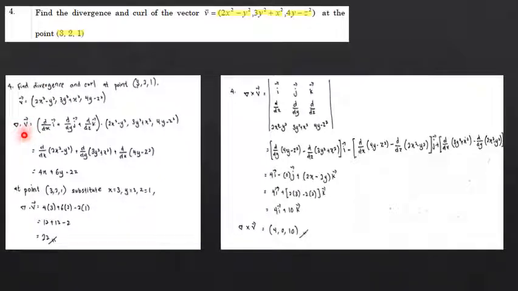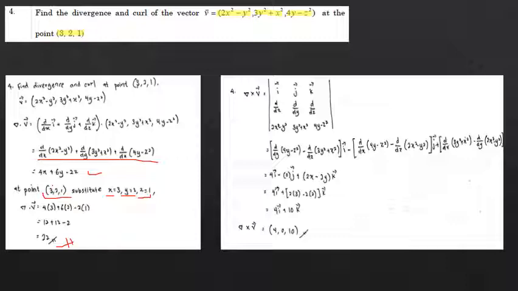This operator multiplied with the vector given, as a dot product, will produce a scalar. After doing this derivative, I get the equation 4x plus 6y minus 2z, and substitute the given point, where x equals 3, y equals 2, and z equals 1. Substituting into the equation, the divergence equals 22.